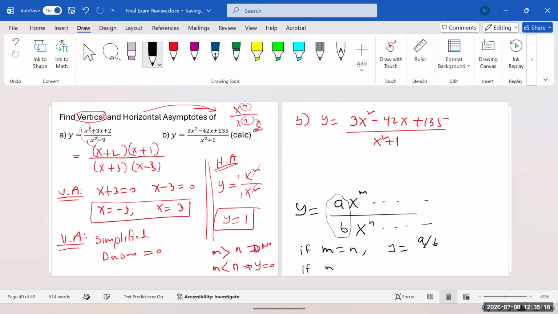But if m is smaller than n, means the denominator is big, the answer is y equals 0. And the last scenario, m is big, then no horizontal asymptote. For horizontal, take anything, it doesn't matter. But safety is the original one.